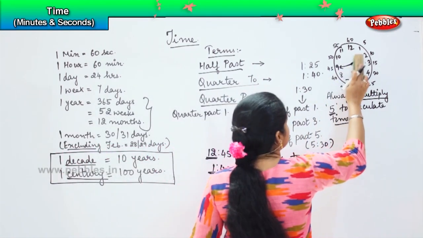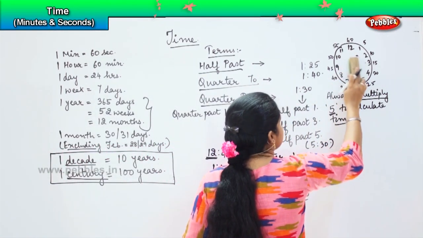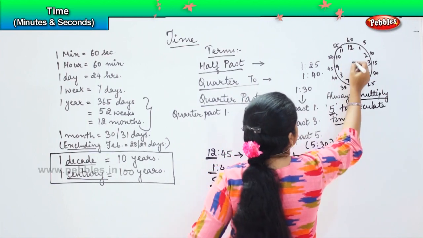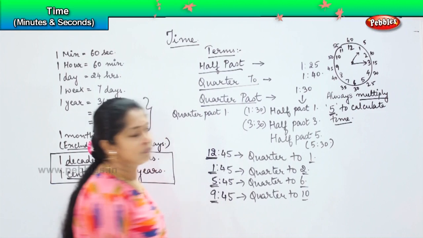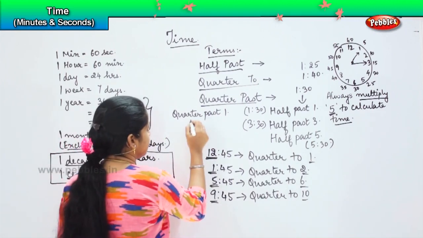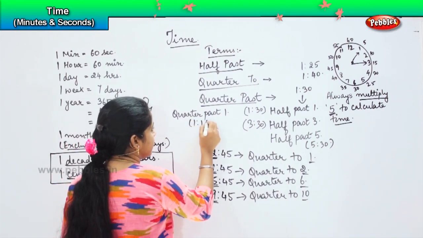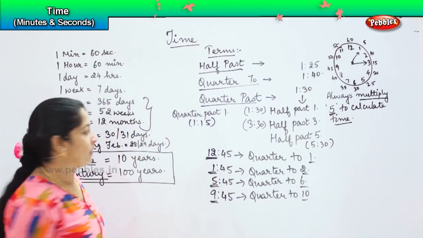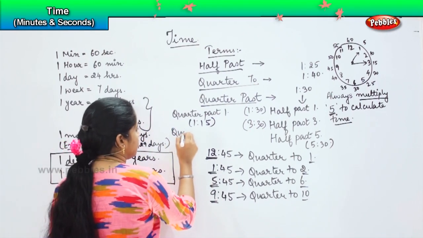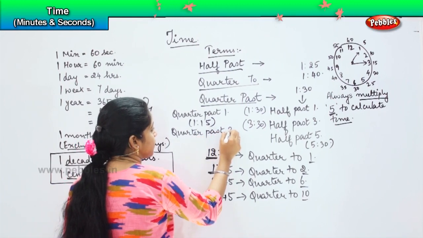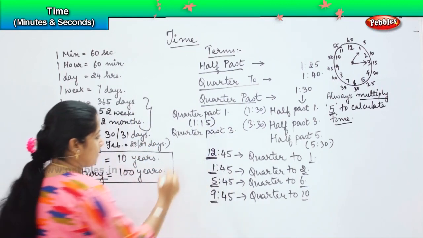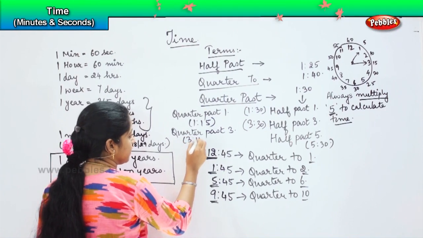If I say quarter past 1, it means that it's 15 minutes after 1 o'clock. So quarter past 1 is nothing but 1:15. Say if I say quarter past 3, it means it is 3:15.